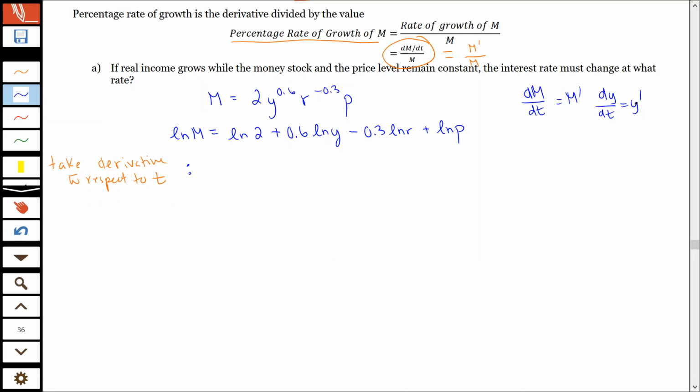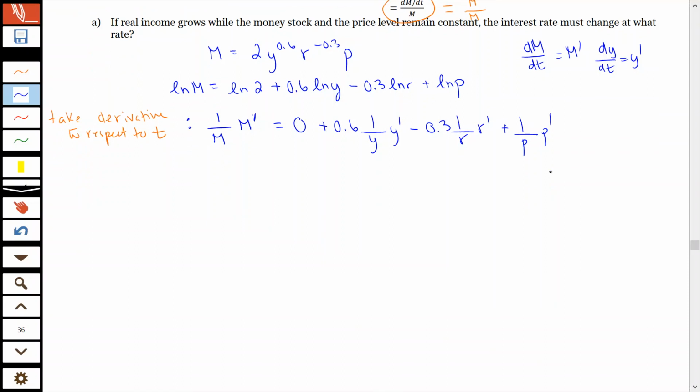So the derivative of ln M is 1 over M times, what's the derivative of M? M prime. The derivative of ln 2 is just 0. The derivative of 0.6 ln Y is 0.6 times 1 over Y times Y prime. Minus 0.3, 1 over R, R prime, plus 1 over P, P prime.